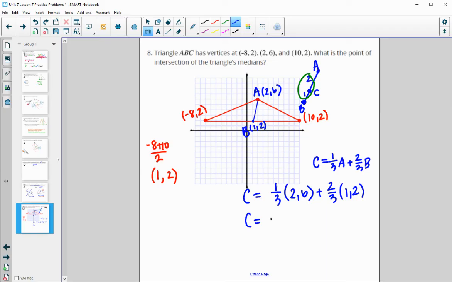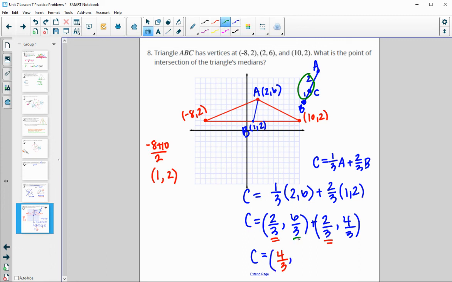So we'll do 1/3 of 2, which is 2/3, 1/3 of 6, which I'm just going to leave as thirds since I'm going to be adding it to this other piece over here. And so I'm going to want common denominators. So 2/3 of 1 is 2/3, 2/3 of 2 is 4/3. And then we'll add these together. So we'll add the x's together. So 2/3 plus 2/3 is 4/3 for our x coordinate.